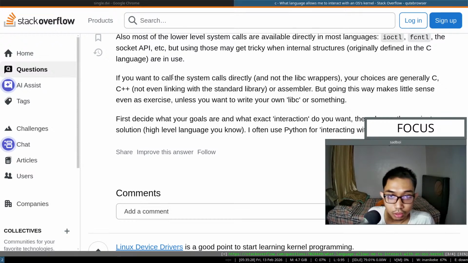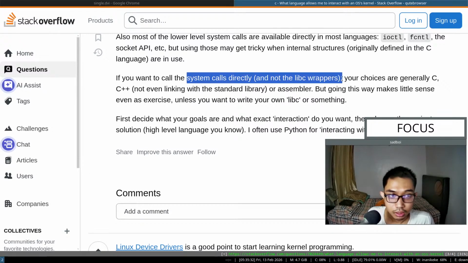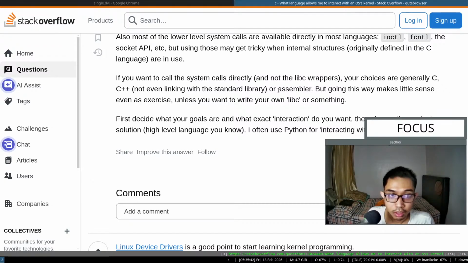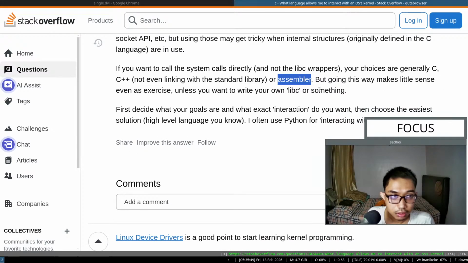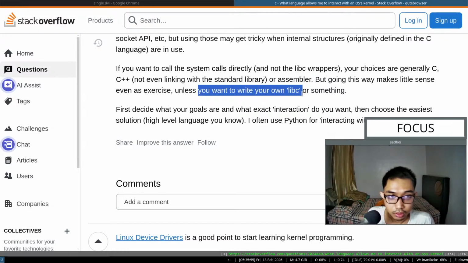If you want to call the system call directly, not the libc wrappers, your choices are generally C, C++, not even linking with the standard library, or assembler, right? But going this way makes little sense even as an exercise, unless you want to write your own libc or something.